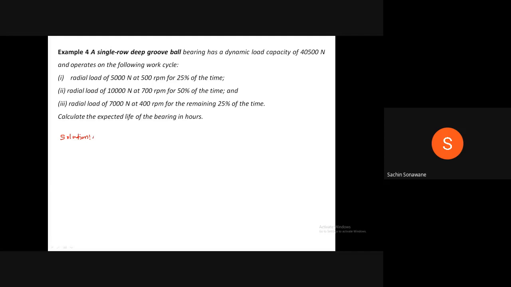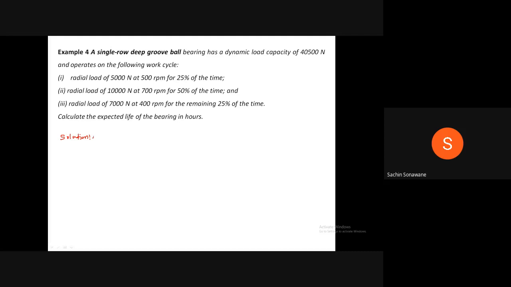First, a radial load of 5,000 Newton at 500 rpm for 25% of the time. Second, radial load of 10,000 Newton at 700 rpm for 50% of the time. And third, radial load of 7,000 Newton at 400 rpm for the remaining 25% of the time. Calculate the expected life of the bearing in hours.